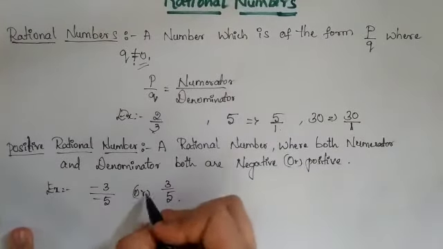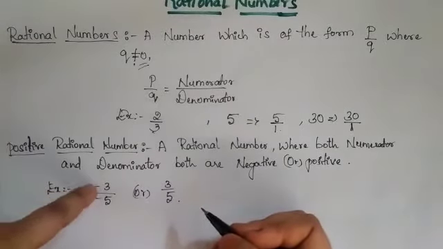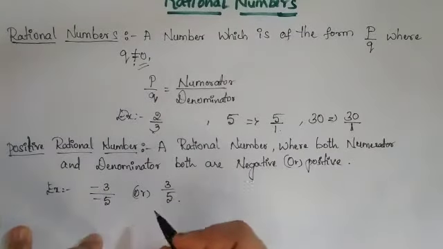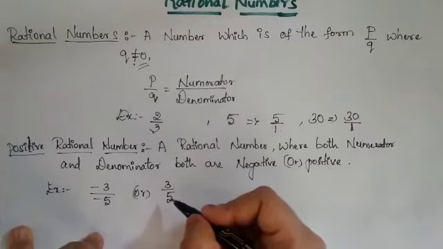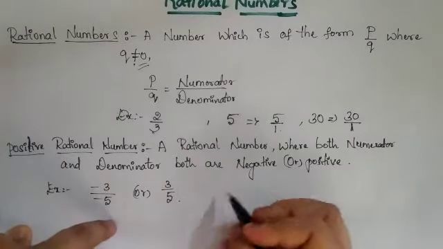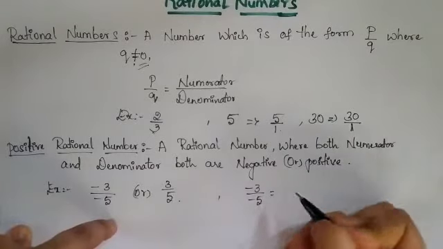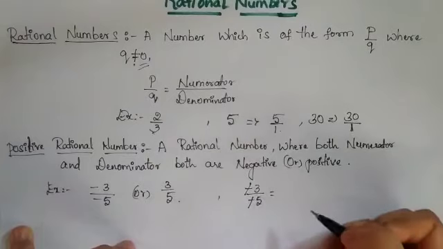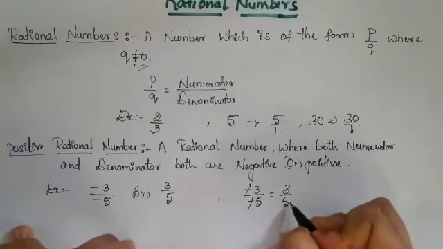Now you may ask why minus 3 by minus 5 is a positive rational number, when both have negative signs. In minus 3 by minus 5, the negatives on both sides cancel each other, so at last it becomes plus 3 by 5.